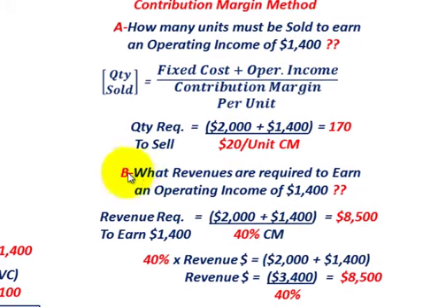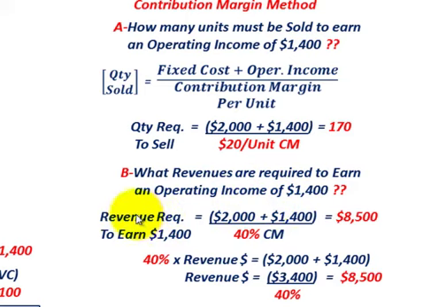Okay, so let's look at the second case. What revenues are required to earn an operating income of $1,400? Up above, we determined the quantity we had to sell to earn the $1,400 in operating income. Now we have to determine the total revenues required to earn this $1,400, and the contribution margin method comes in handy.